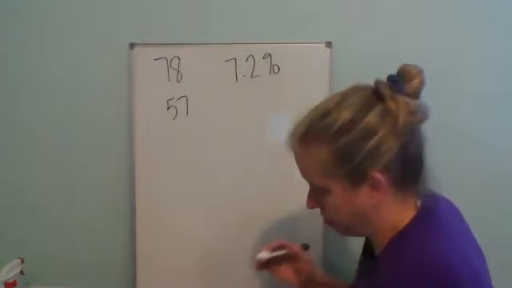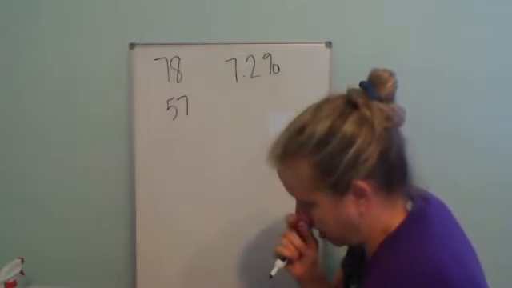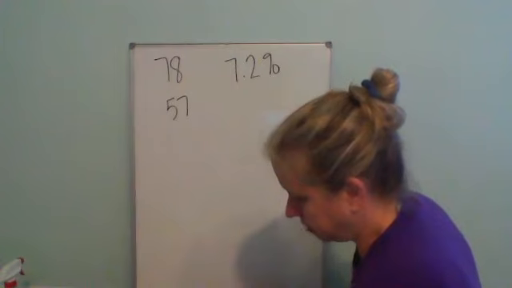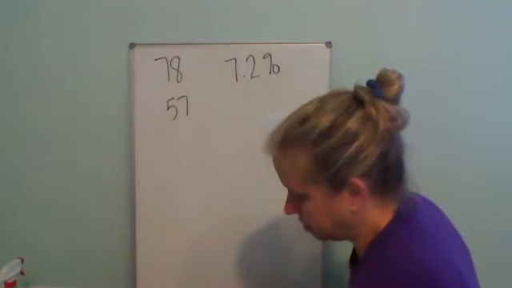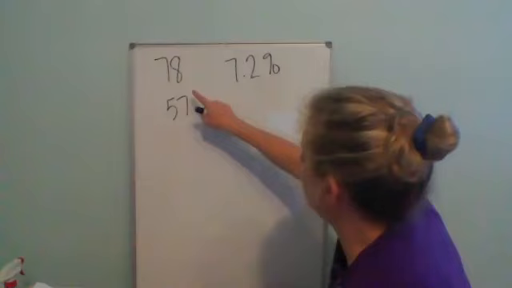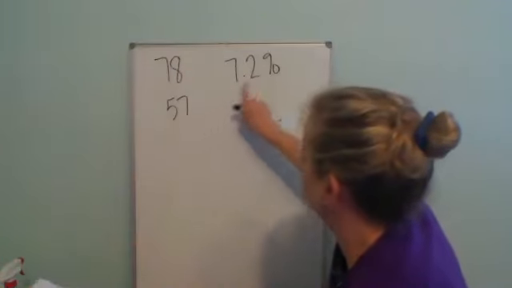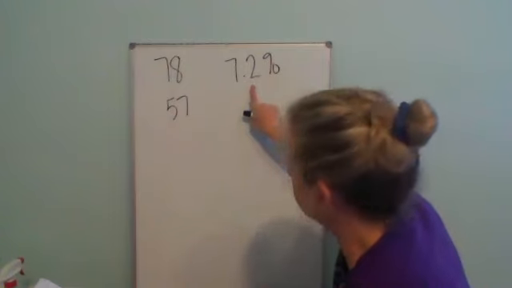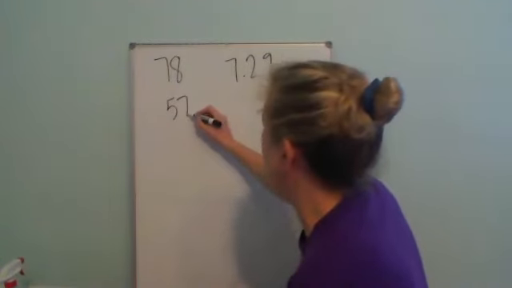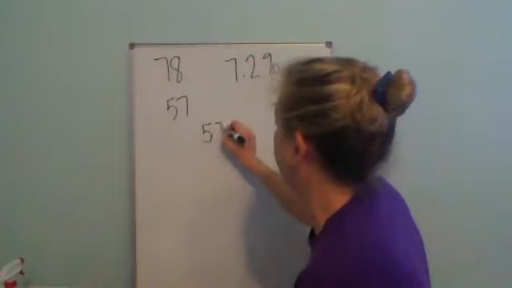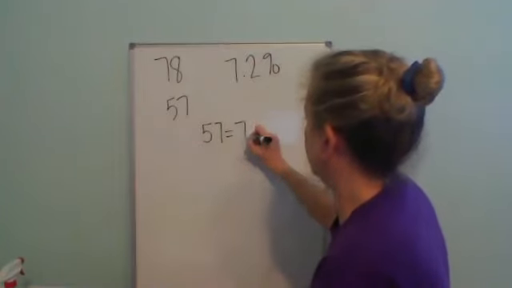So let's see. What am I finding here? So what do I know? I know the beginning amount, the end amount, and the rate. So I know the end amount, which is always on the left side. The beginning amount comes over here.